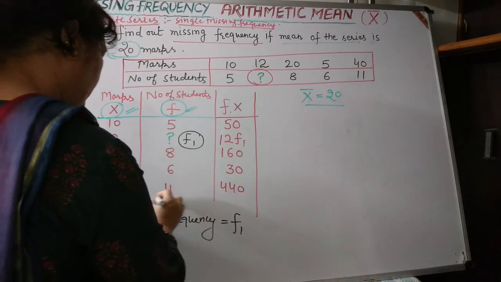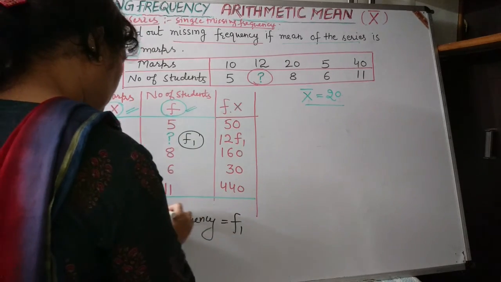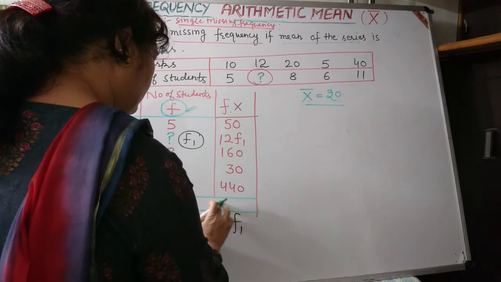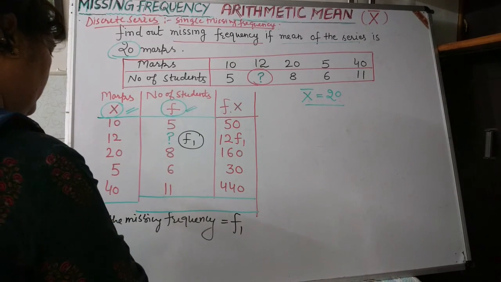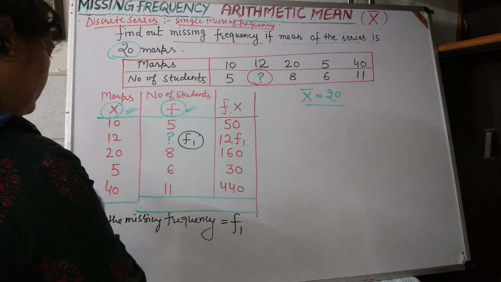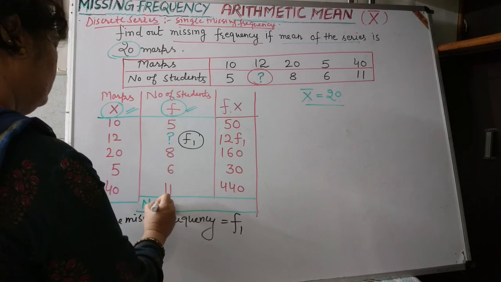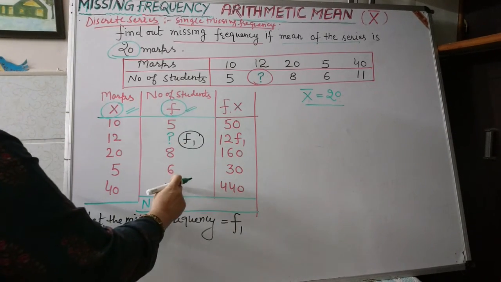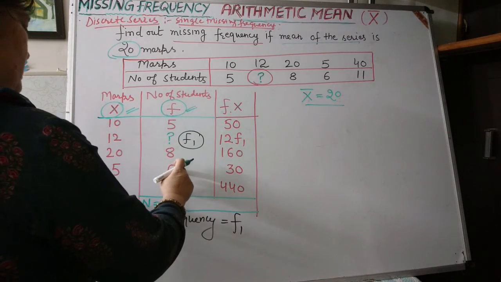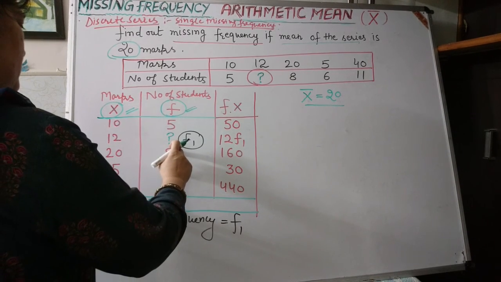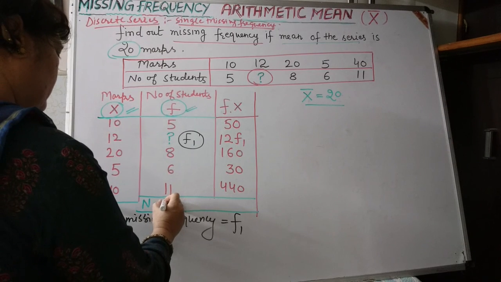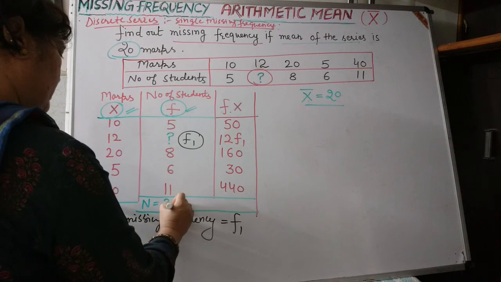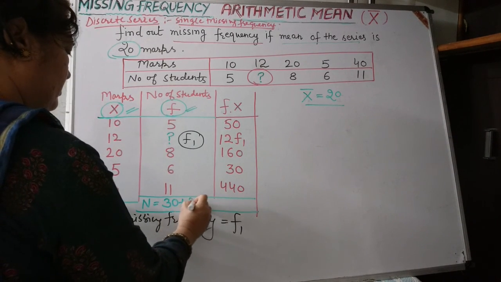Let us calculate the summation of f. So the value of n will be the sum total of all the values: 11 plus 6, 17, plus 8, 25, plus 5, 30. So n is equal to 30 plus f1.